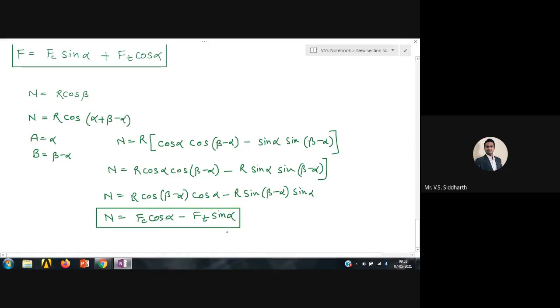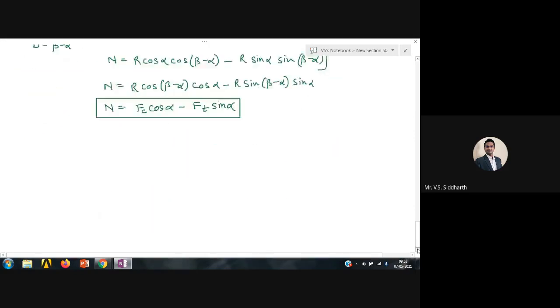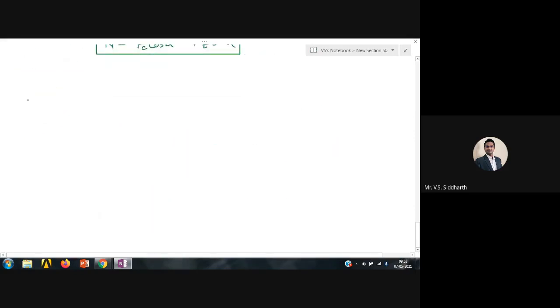Now finally, what is mu? Mu is the coefficient of friction, which is tan beta. So what will be the value of tan beta? F by N. Okay.